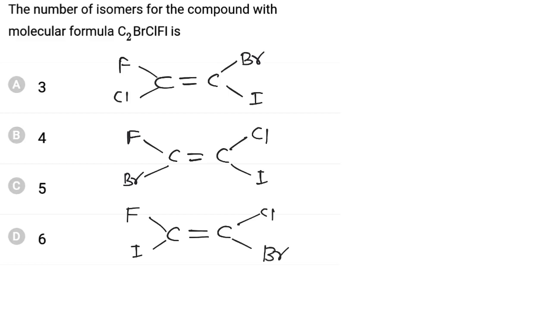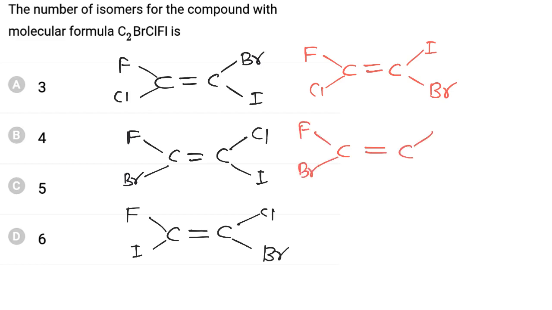All these molecules will show geometrical isomerism, so their geometrical isomers can be written. First, if we change the position of I and Br, we get this structure. Now F and Br are fixed and the position of I and Cl is changed, and this molecule will also have a geometrical isomer.